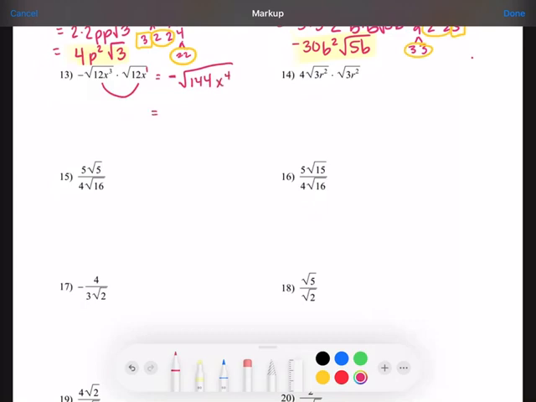And x to the third times x to the first gives me x to the fourth when I add those exponents. Now I'm going to go ahead and simplify. I still have the negative out in front, but the square root of 144 is 12. So I can take out a 12, and x to the fourth means I have 4 x's. So I'm going to take out 2 x's, and I get -12 x squared.